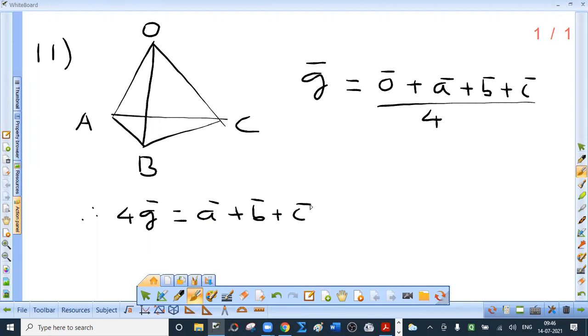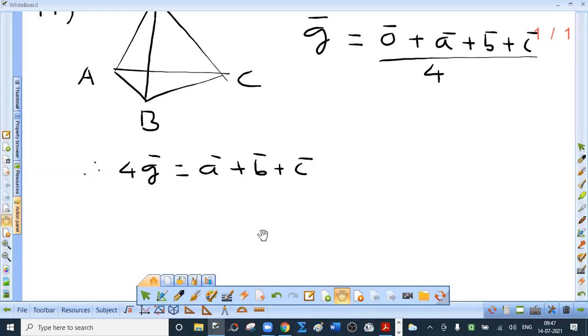Actually, in the beginning, you had to say that point A is (a, 2, 3). So its position vector is a i cap plus 2j cap plus 3k cap and so on. Here I have written directly. So 4. Now substitute. What is G bar? It is i plus 2j minus k. Start writing. I plus 2j minus k.